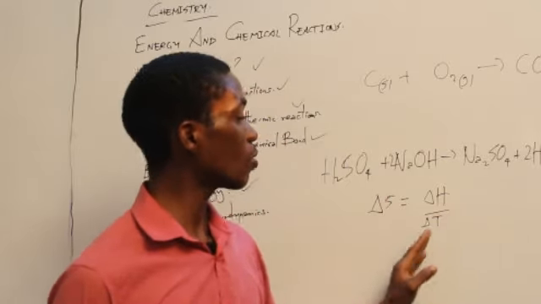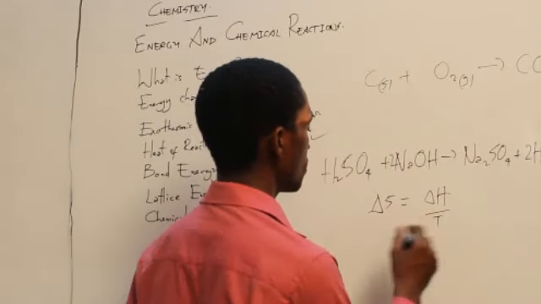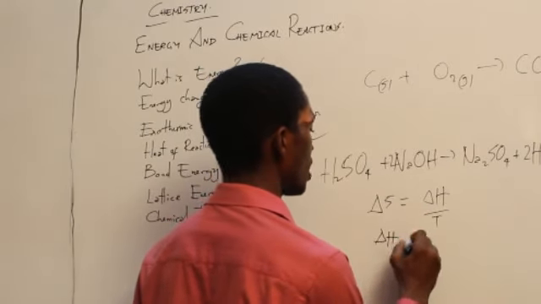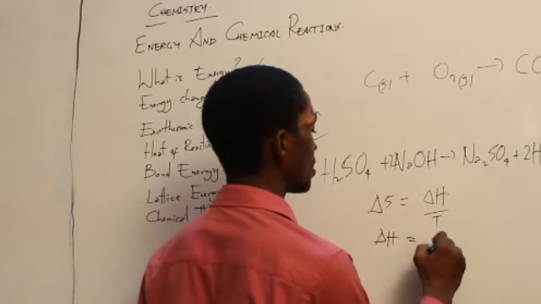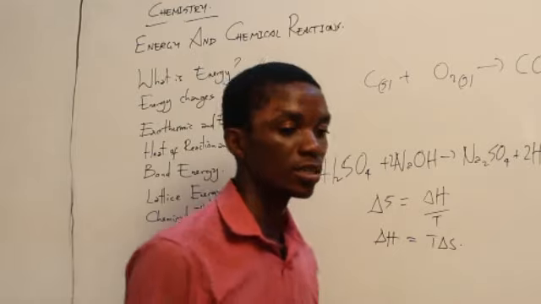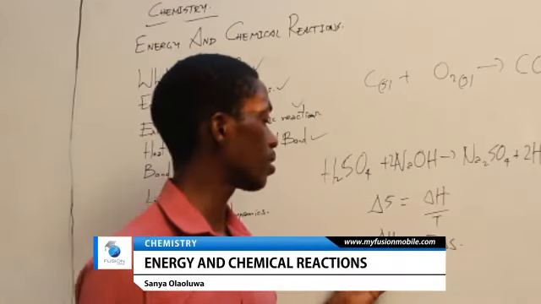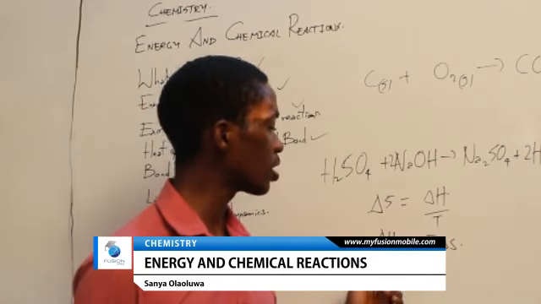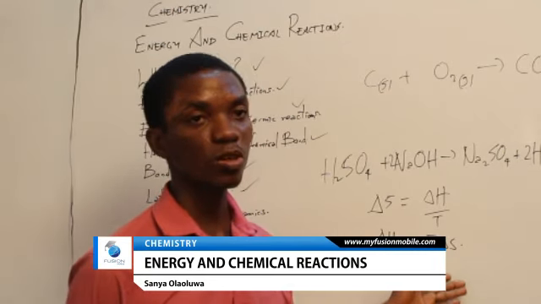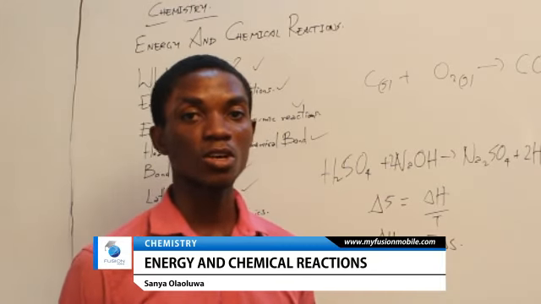So we can always identify our enthalpy change as TdS. That is, the change in enthalpy, which is the change in heat, is equal to the temperature multiplied by the change in level of randomness of the substance.